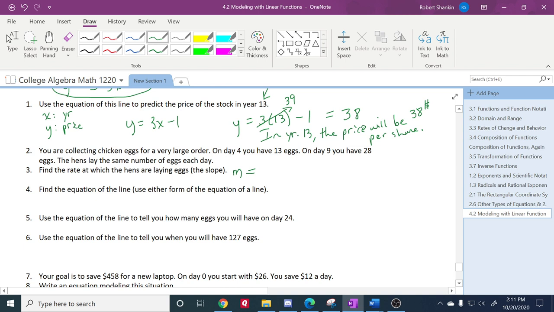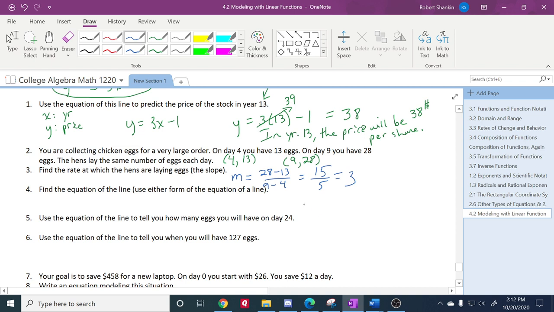Now you have 2 points. On day 4, you have 13 eggs. On day 9, you have 28 eggs. So my slope, m, is going to be the difference in the y's over the difference in the x's, and that's 15 over 5, which is 3.